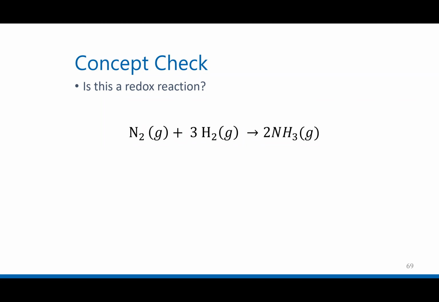If they do not change, it is not a redox reaction. Redox is a combination of the words reduction and oxidation, which you'll learn a lot more about in chemistry 2. It represents a transfer of electrons, which is how we get electricity. You'll deal with this in great detail in Chemistry 1121.